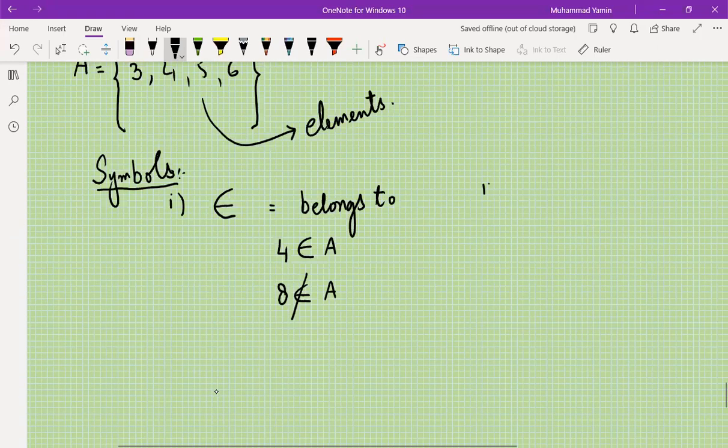The second symbol that should be known is small n. It tells us the number of elements.